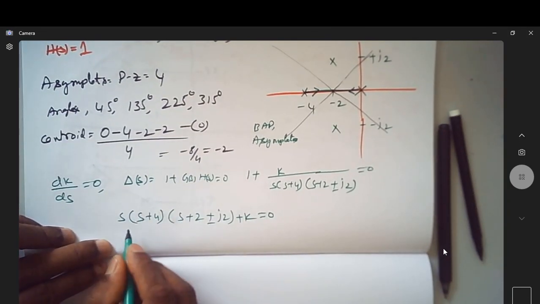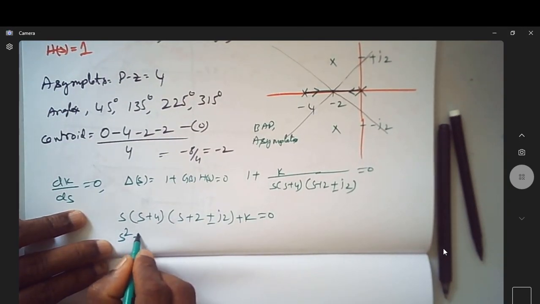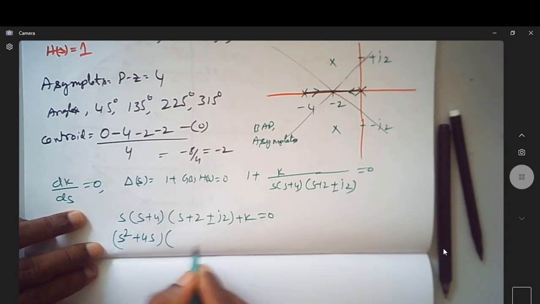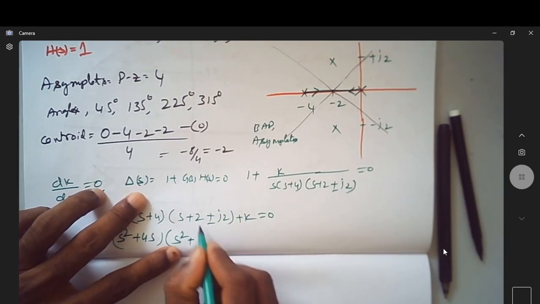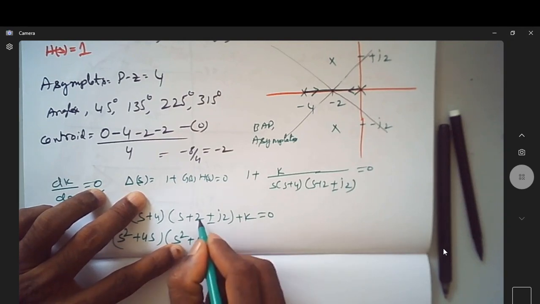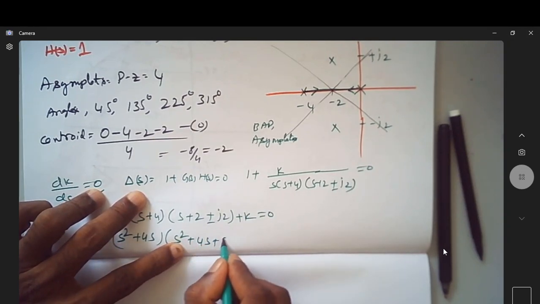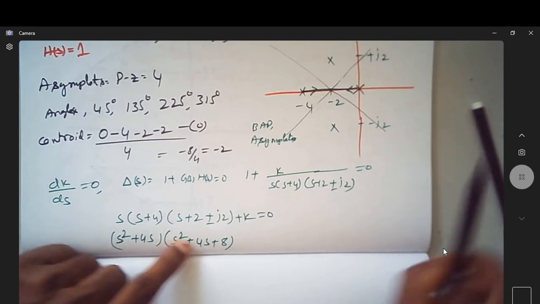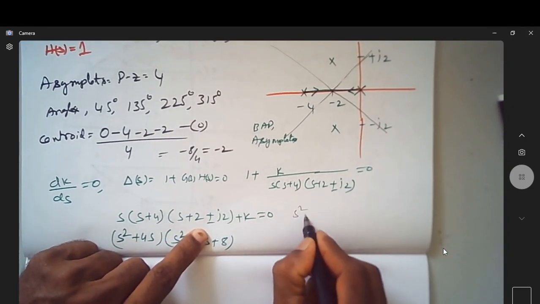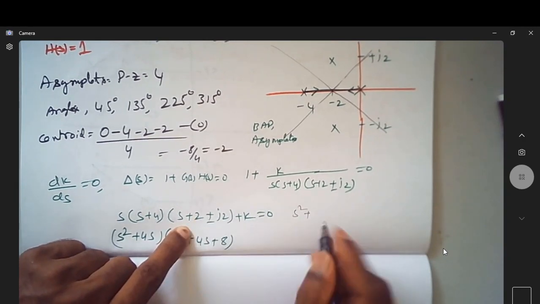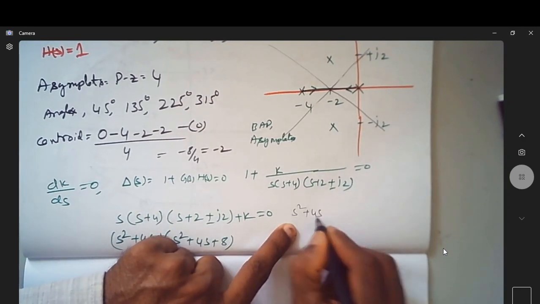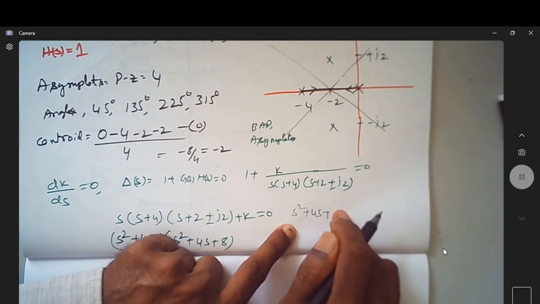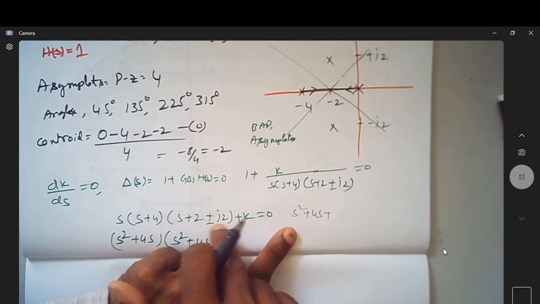Now this can be reduced to s square plus 4s plus the sum of the squares of the two terms, which is 8. The way it comes is: s square, plus twice the term as the coefficient of s, which is 4s, and the s power 0 term is the square of this plus the square of this.